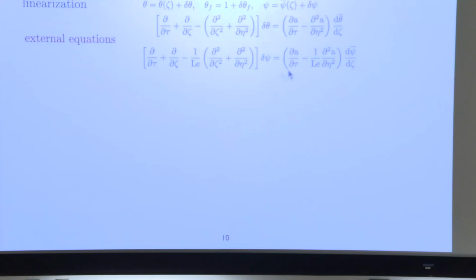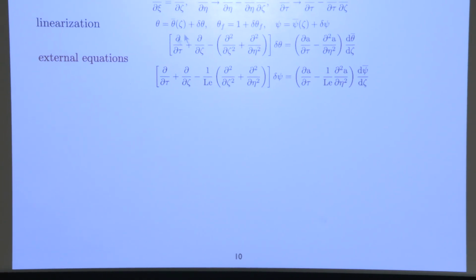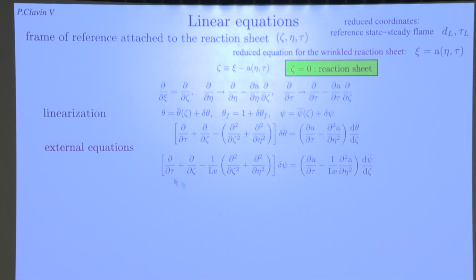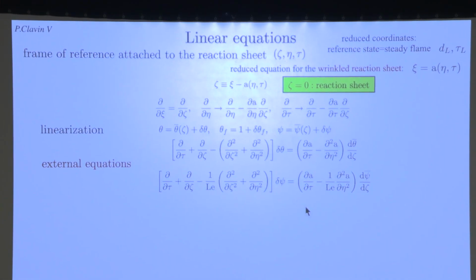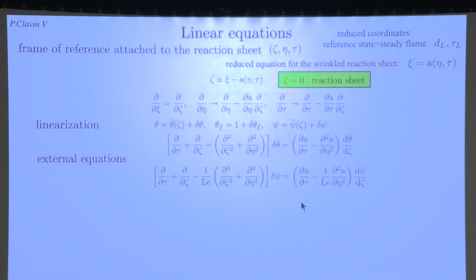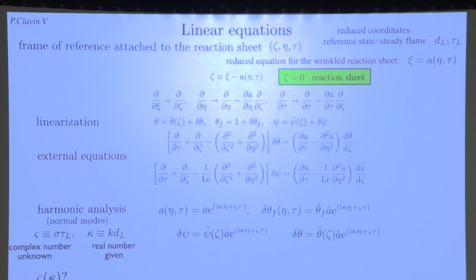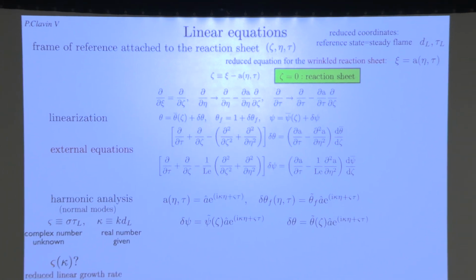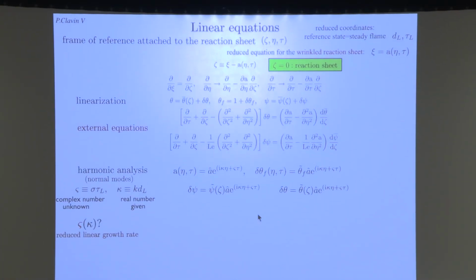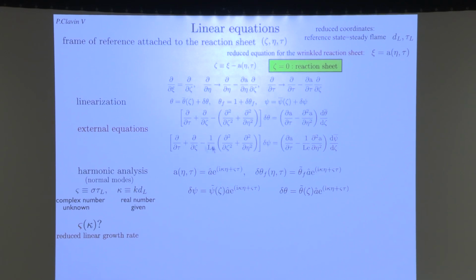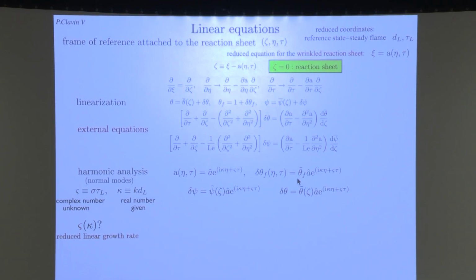So here is the external equation. These are the equations that are verified in the preheat region, that is, without reaction. This is the external equation. And you are working in a harmonic analysis, so you use the non-dimensional parameters here.